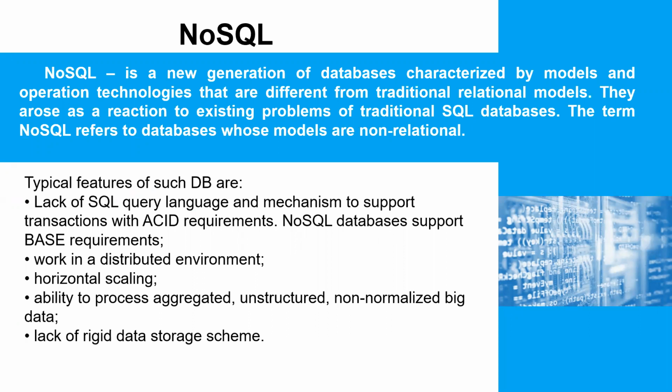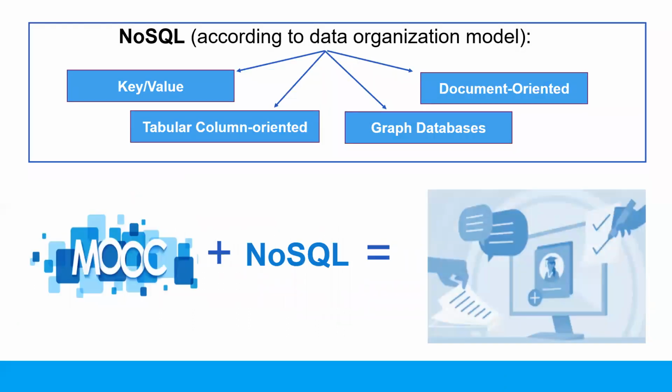The characteristic features of such databases you can see on the slide. They include the lack of an SQL query language and of a mechanism to support transactions with ACID requirements, work in a distributed environment, horizontal scaling, lack of a rigid data storage scheme, and so on.